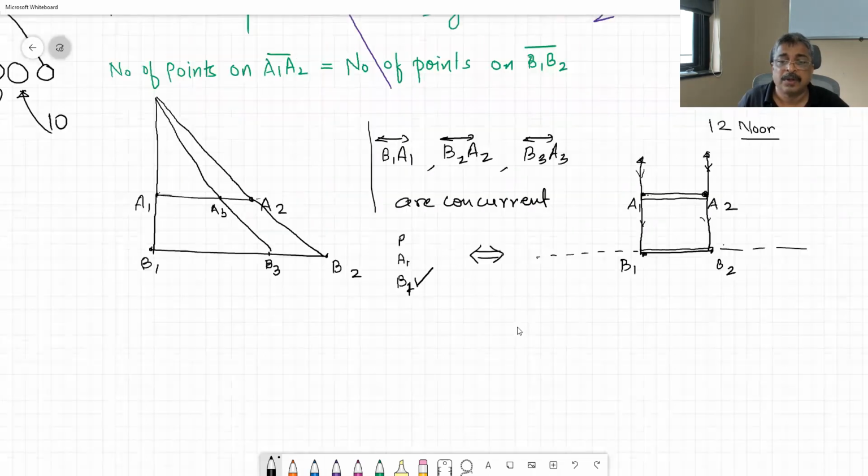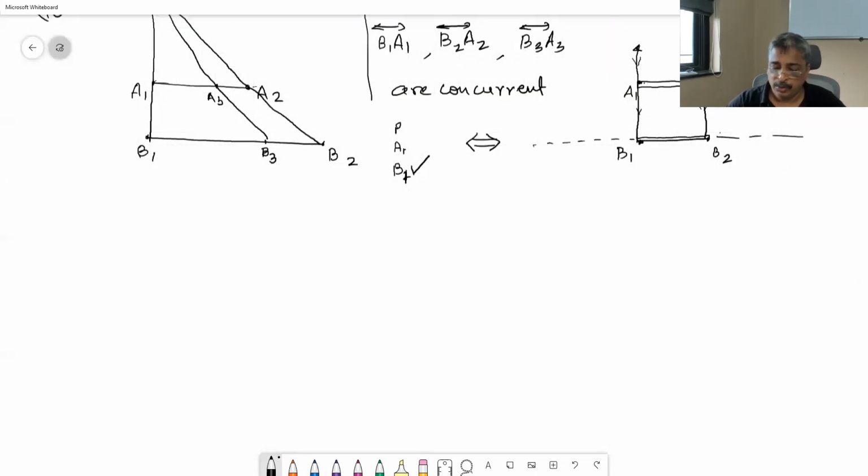Moreover, I would demonstrate. Suppose I am keeping my A1, A2 fixed. If point P is here, my B1, B2 is of this length.